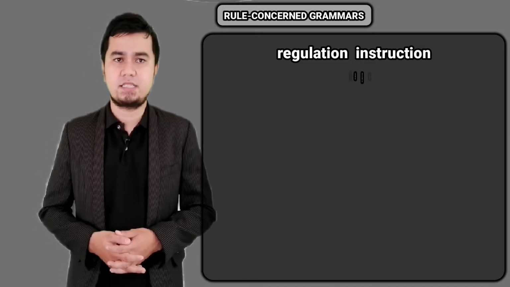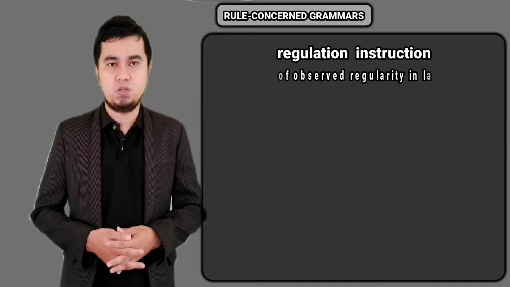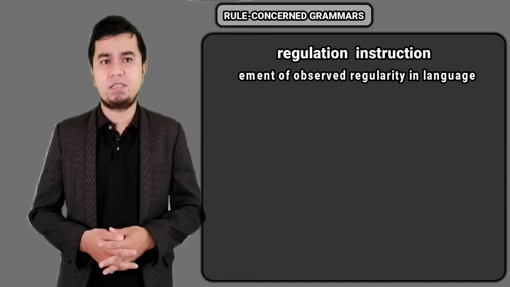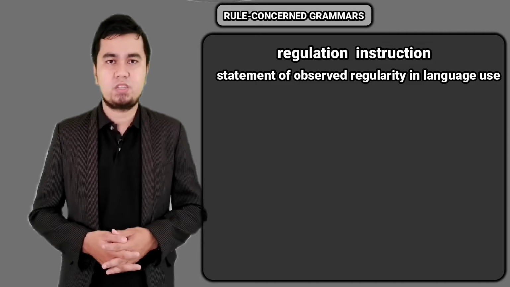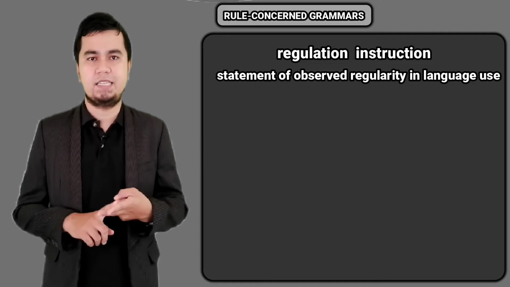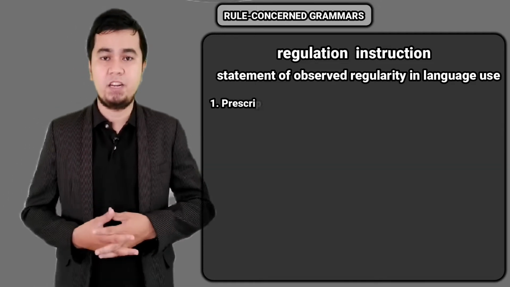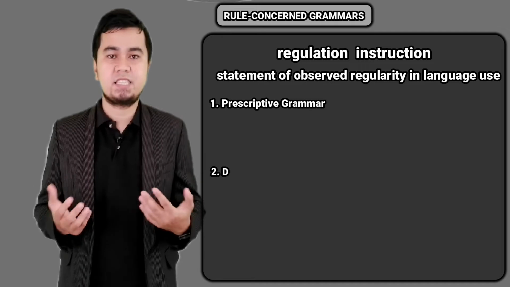It is a statement of observed regularity in language use, a grammatical principle that describes the ways in which the words, phrases, and sentences in a language can be used. So, we have two kinds. We have the prescriptive grammar, and I know some of you are familiar with this. And we have the descriptive grammar.